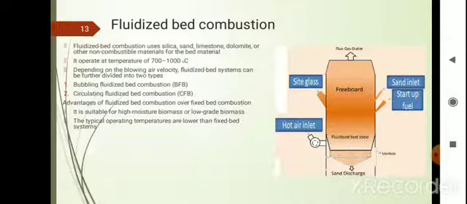If you are using fixed bed system, the temperature will be a little bit higher than this fluidized bed combustion, and combustion efficiency will be high because of the better mixing of air and biomass and other combustion characteristics. And these are very much suitable for large scale operations. So in big plants where combustion is utilized for power production, we have to go for fluidized bed combustion compared to fixed bed combustion.